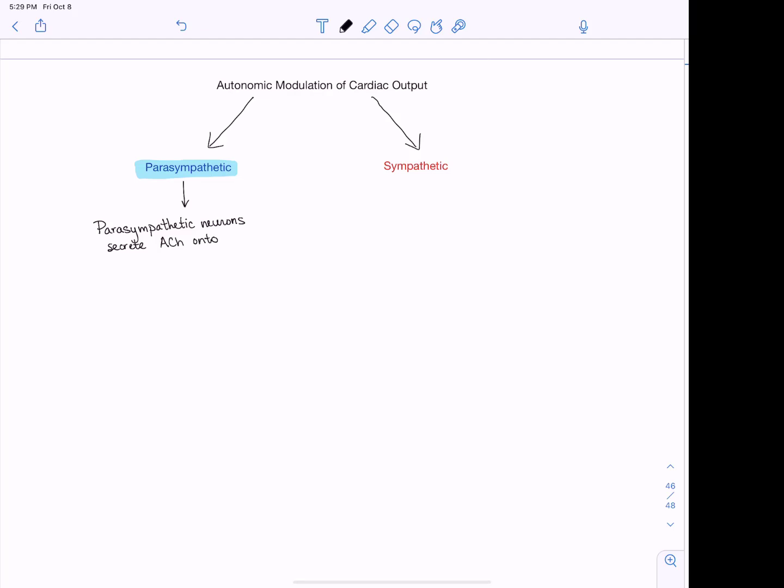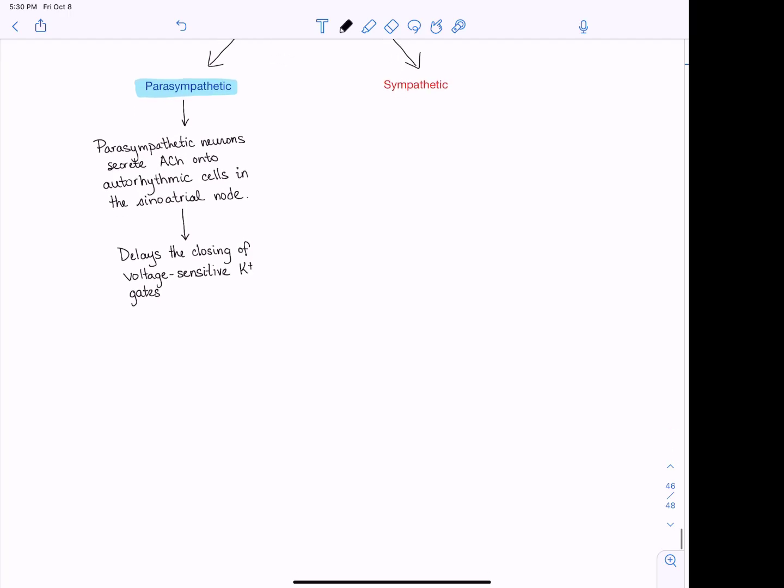Their neurotransmitter is acetylcholine, and when acetylcholine binds to receptors on those autorhythmic cells, the outcome is to change how the voltage-sensitive potassium gates behave. They delay the closing of those potassium gates, and what this does is hyperpolarize the membrane potential during the pacemaker potential portion.